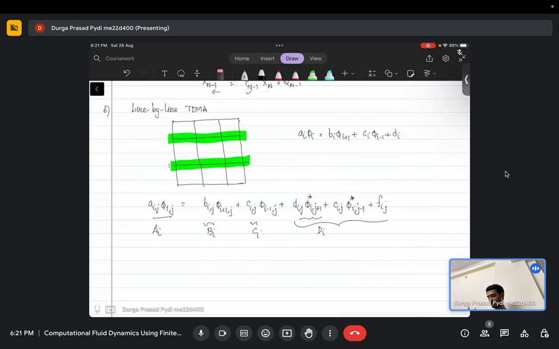Maybe I'll ask, say you can have different boundary conditions, right? Say you have T equal to 0, T equal to 1, and then some flux condition here. There are two ways you can do this: you can either fix i or you can fix j. You can either fix the x direction or the y direction. If this is my x and this is my y, which one will you fix and which one will you iterate?